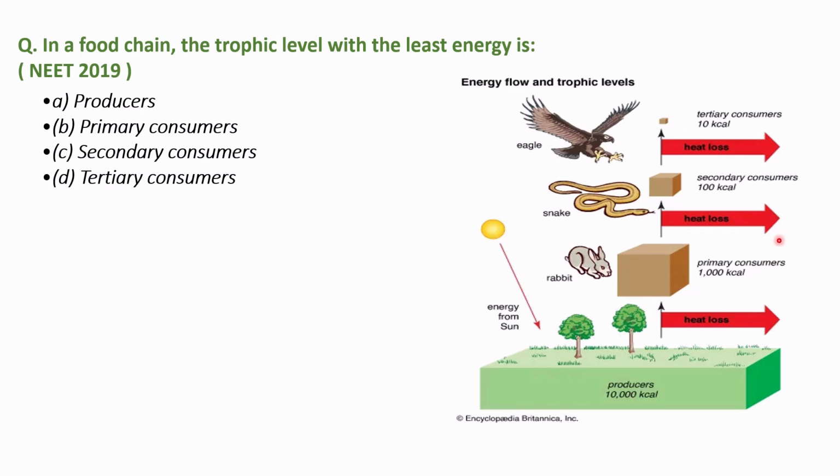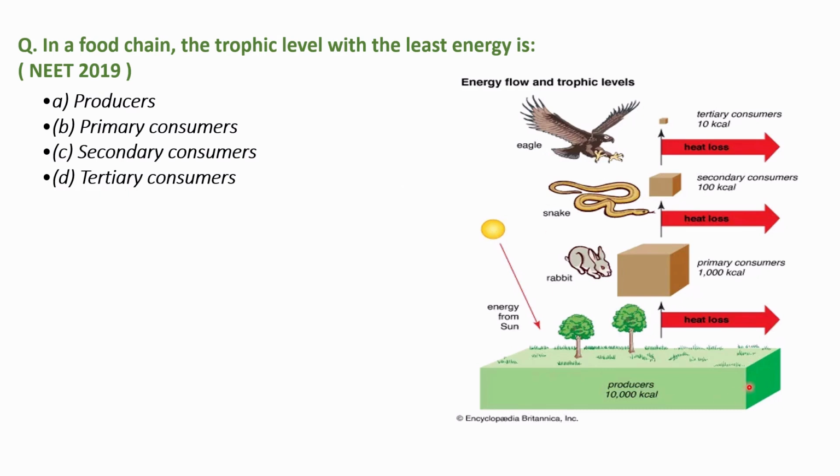Why? Because when we go to the upper range, the energy levels fall down. The highest level usually contains predators, like the tertiary consumers, which depend on the secondary or primary consumers. Normally the levels lose energy as they go up.